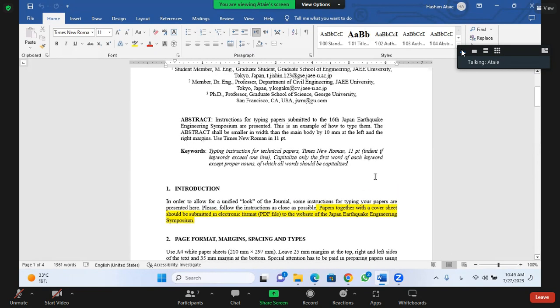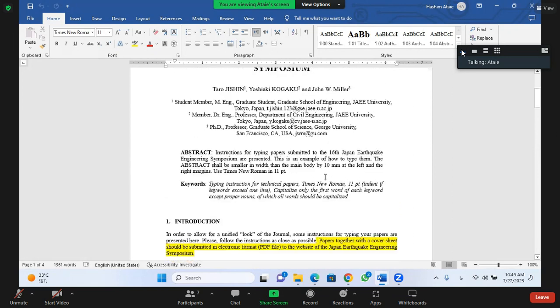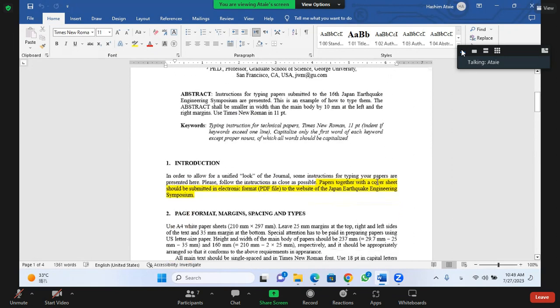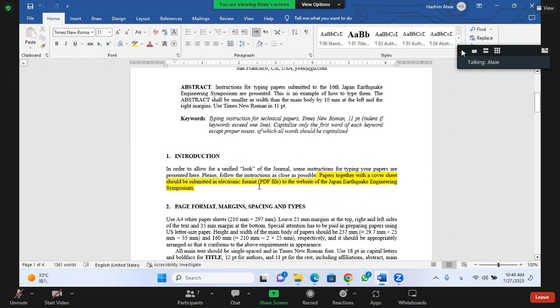Since they mentioned papers together with a cover sheet should be submitted in electronic format, but they didn't put any sample of a cover sheet, I don't know what they mean.